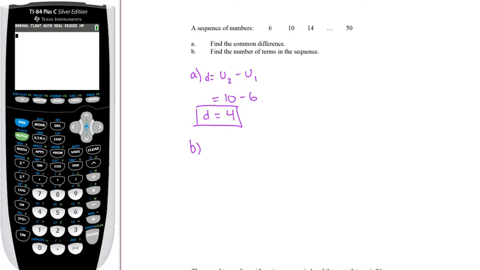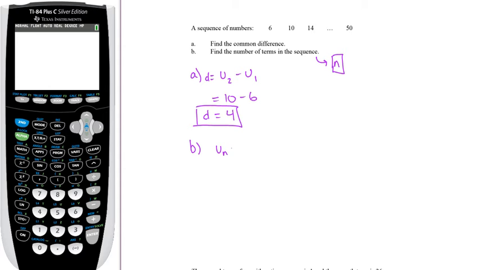Now this next question is interesting because it's having us work backwards. It wants to know how many terms are in this sequence. And ideally, I want to be able to figure this out without having to write out the whole sequence. But remember, the number of terms is basically n. This is what I'm looking for in this problem.